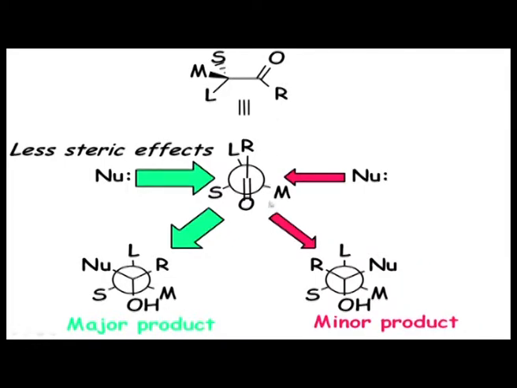attached to the carbonyl. And now, according to Cram, the nucleophile approaches preferentially from the side of the smaller group. And so, if it approaches preferentially from the side of the smaller group, what will happen? In the product, the L, S, M remain in the same position, only the nucleophile comes in.